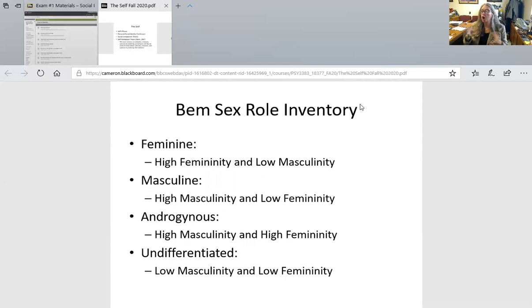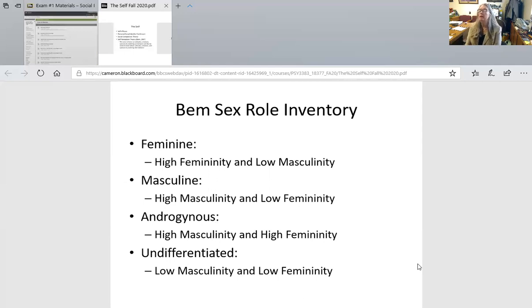In other words, all 40 of those adjectives make sense as good descriptors of who they are. If you score high in femininity and high in masculinity, you're what we call androgynous. There's a very small number of people that score low in masculinity and low in femininity. They're called undifferentiated. Very few people are undifferentiated.